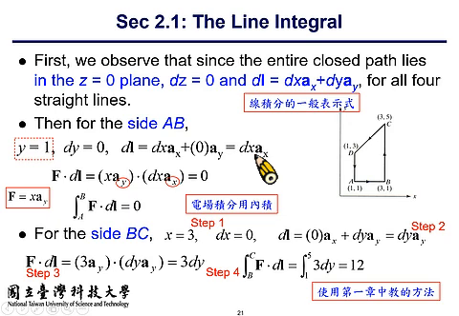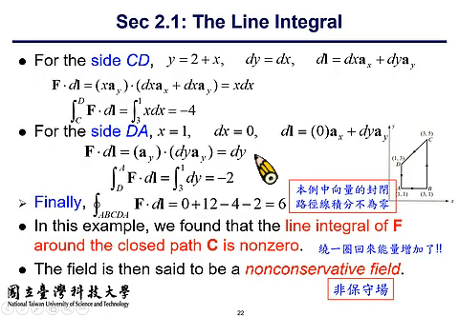Okay, so that's the BC section. And we can do the same for the CD section. The CD section is a little bit tricky because it's a slanted line. So the differential line expression has both x and y components. But fortunately, because this is a straight line, we can derive it from its equation.